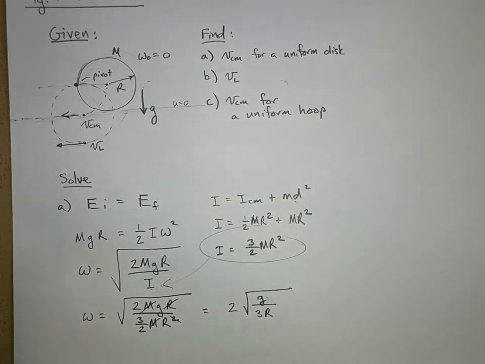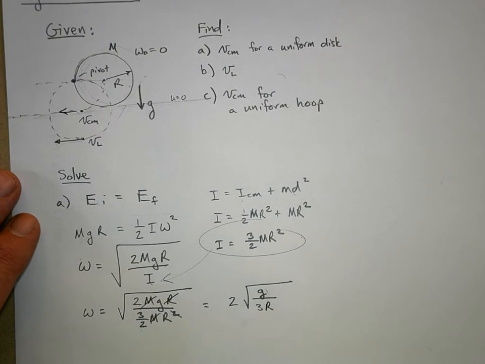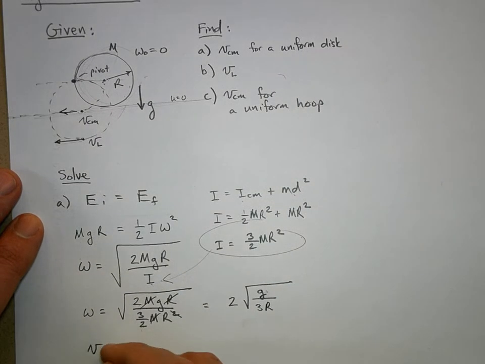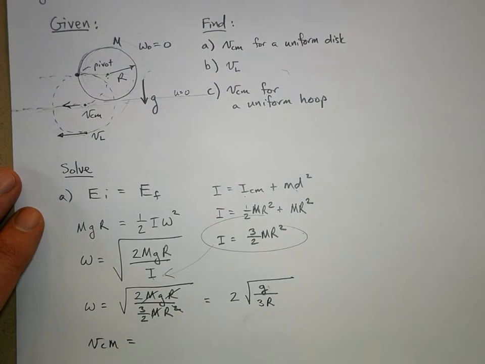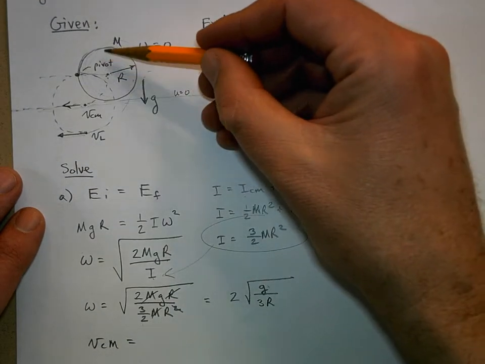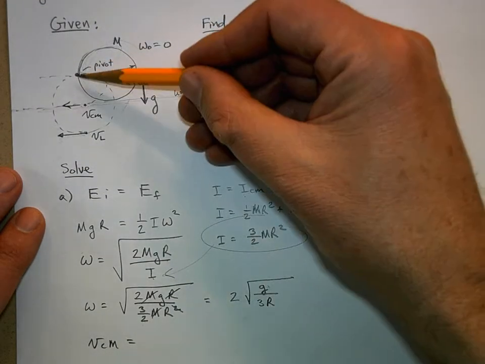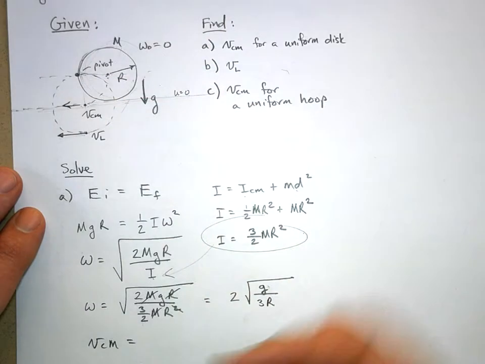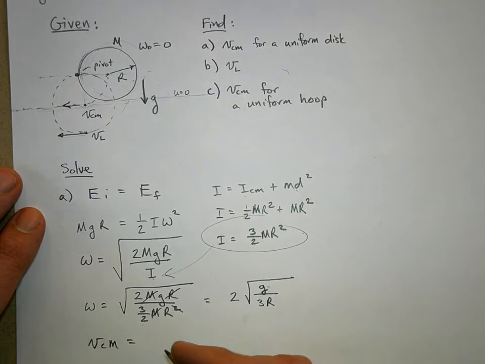Now all I have to do to figure out what the velocity at the center of mass is, say, well, the center of mass, how far away from the axis of rotation is it? Well, it's r. So that's going to be r omega. And r omega is, well, we'll just multiply this by 2.